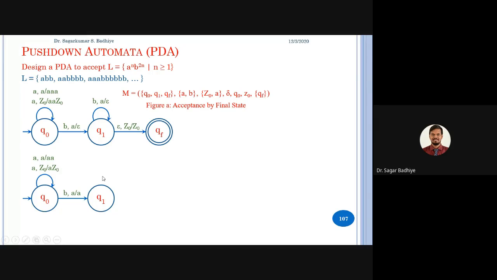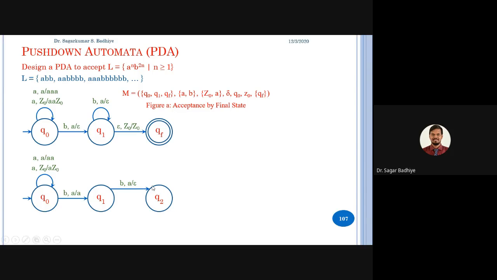But what we want is that every time for the second B it should pop. For that purpose, we'll be changing the state to a new state from Q1. If I get B as the input and A is on the top of the stack, that would be my second B, and I will pop that element. That is, I will pop A from the stack, like this, and I will move to this new state.